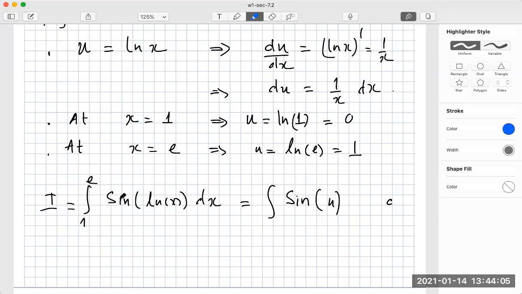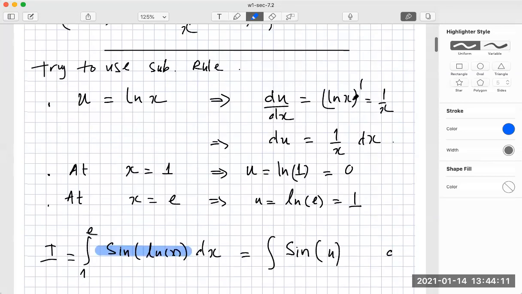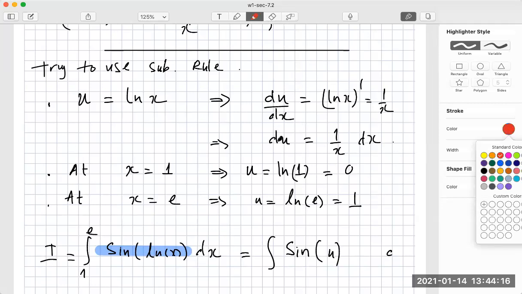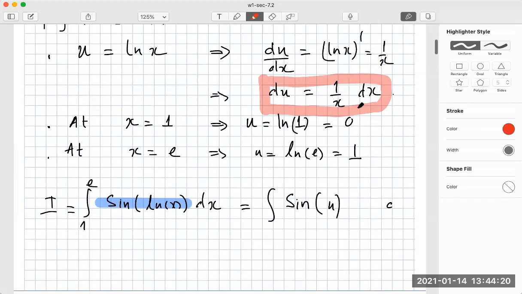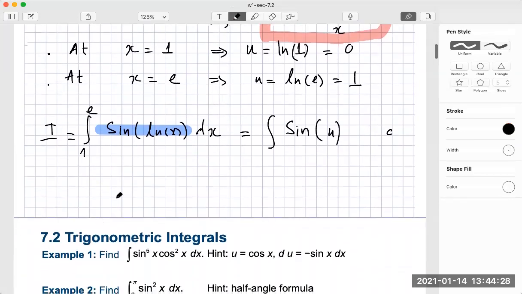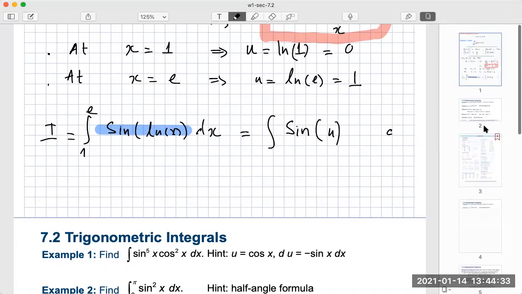The first term is okay. How about dx? We know the relation between u and x is here, right? From this guy, we know that dx will be x du if we multiply x on both sides. Let us expand it a little bit. Here we go.